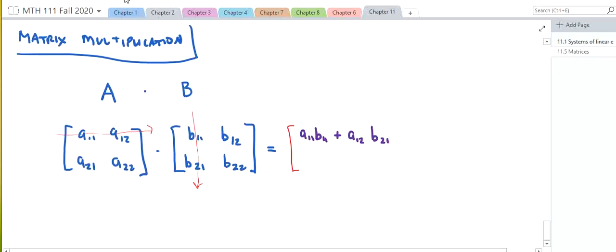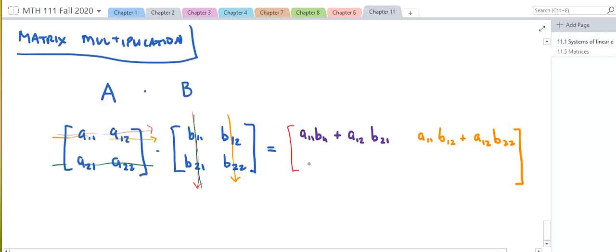Then this operates on the second column. So now you have A sub 1,1 B sub 1,2, plus A sub 1,2 B sub 2,2. Next we move on to the lower row. We do the same thing.